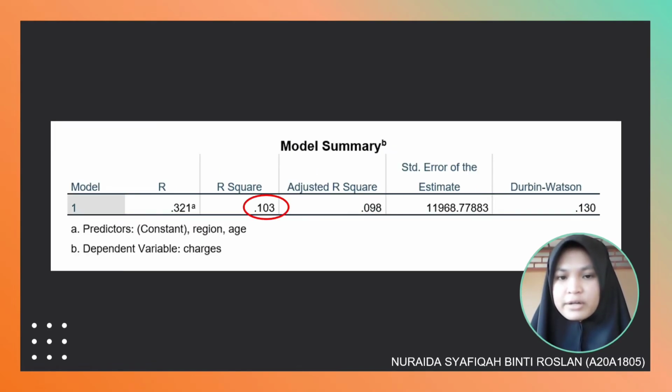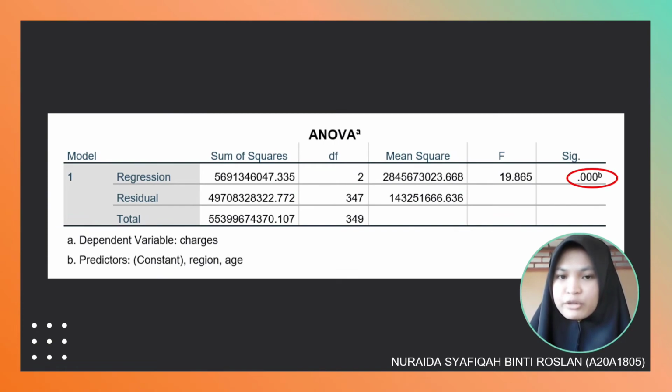For R square, 10.3% of the variation in charges can be explained by age and region, while for adjusted R square, it is 9.8%. The Durbin-Watson statistic is far from 2, which indicates there is serial correlation. ANOVA: the p-value is less than 0.001, which indicates at least one of the two variables can be used to model charges.